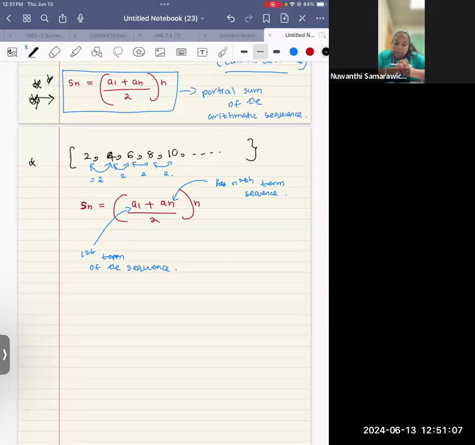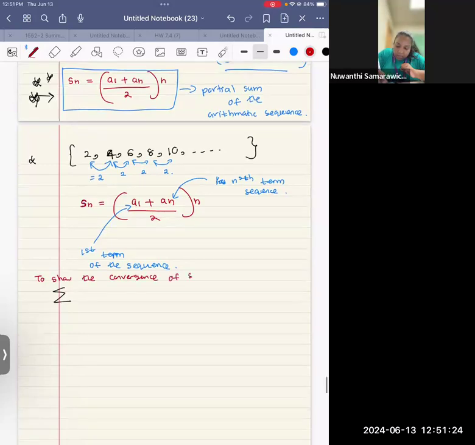Okay, to know whether the series is convergent or divergent, we have to show the convergence of a series.